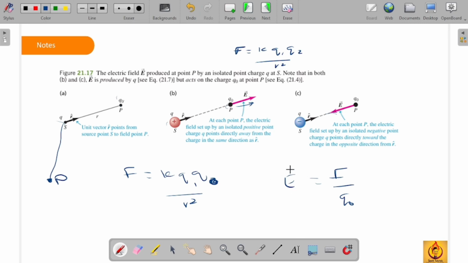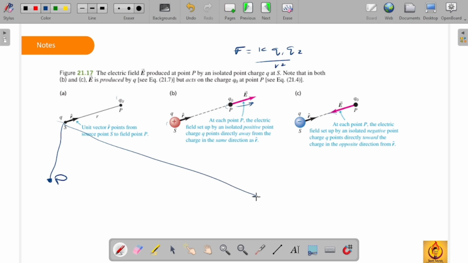Our electric field is independent of the test charge because we are dividing by it, so you are cancelling it. Our electric field doesn't depend on the test charge. It just depends on the source and the distance away from the source. So the further you go away from the source, the weaker the field becomes.